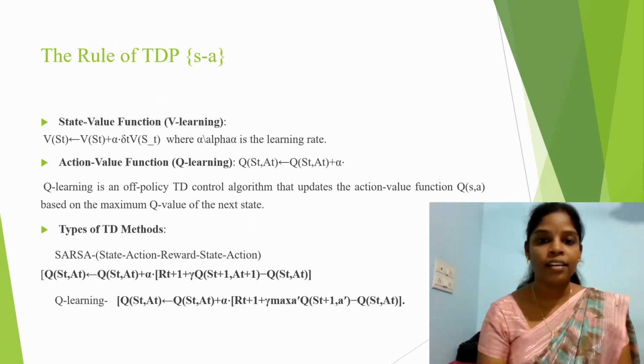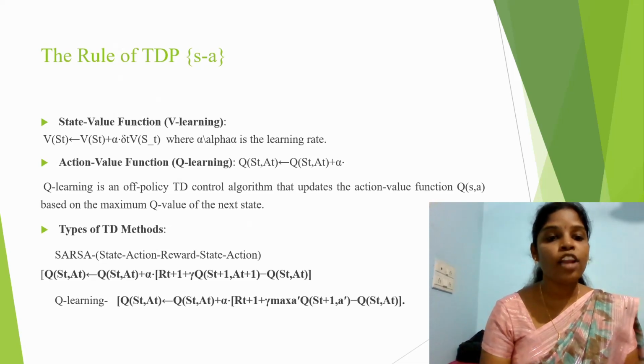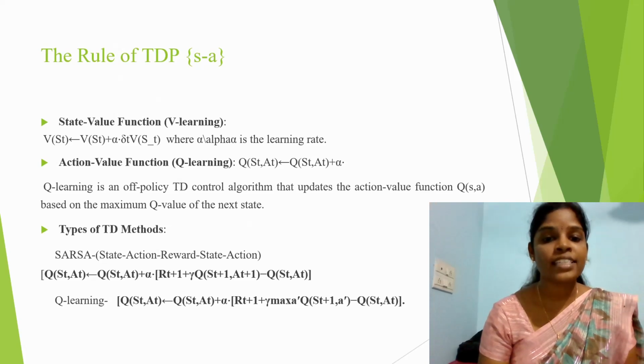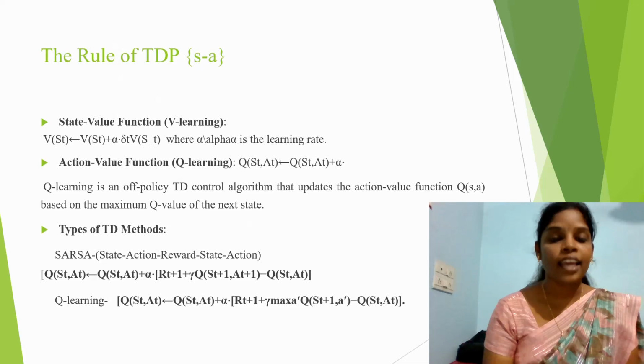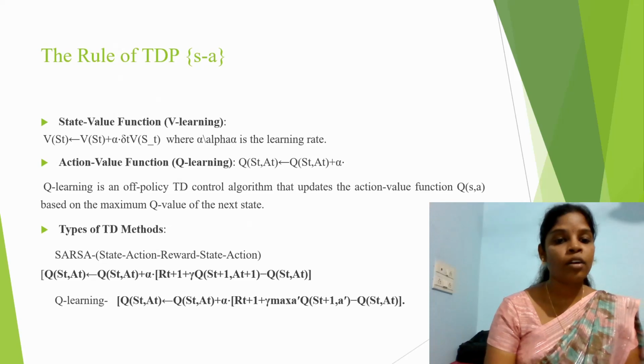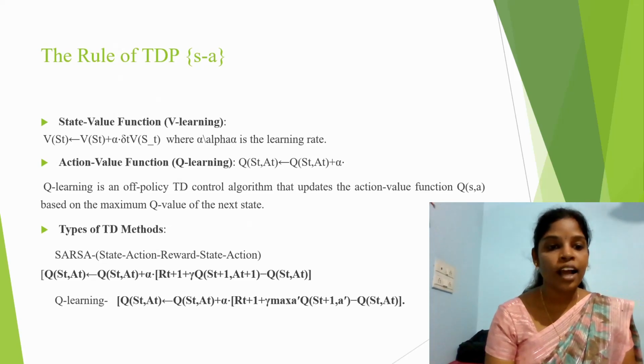For the action value function, Q of S t, A t is updated to Q of S t, A t plus alpha times delta t. Alpha also appears there.